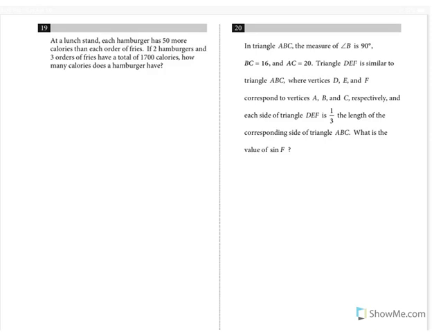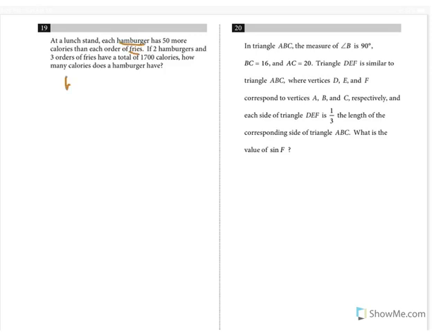At a lunch stand, each hamburger has 50 more calories than each order of fries. If 2 hamburgers and 3 orders of fries have a total of 1,700 calories, how many calories does a hamburger have? All right, we need to recognize this as a system of 2 equations. We've got hamburger and we've got fries.